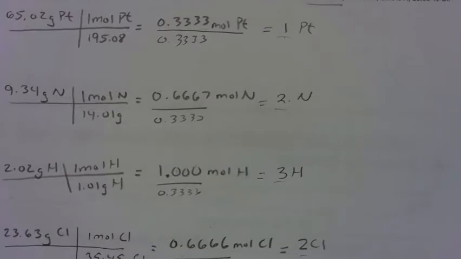Now, if they weren't whole numbers already, if you rounded off and it was like 1.3 or 1.6 or 1.5, you then do the process again, simply dividing by the lowest number of these now until you end up with all of them being whole numbers.